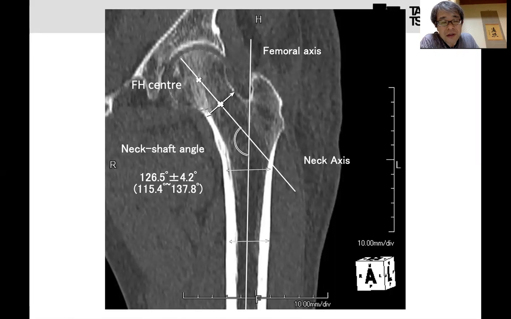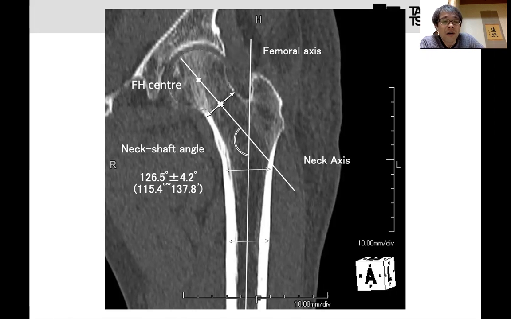Maybe this is smaller than the previous report from Western countries, but maybe in Asian countries, especially in Japan or Korea or China, the neck shaft angle is smaller than in Western countries.